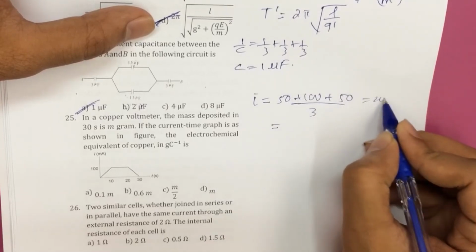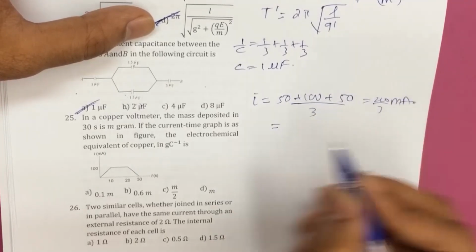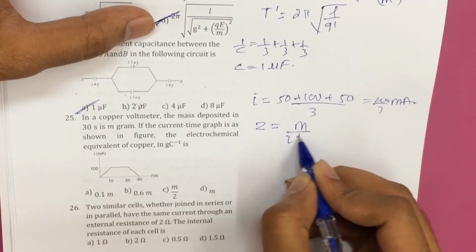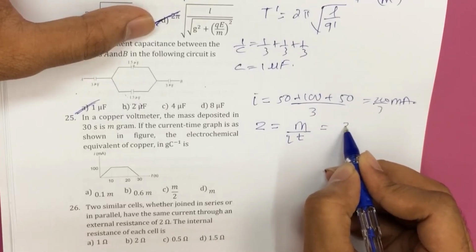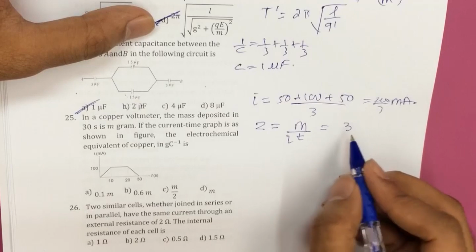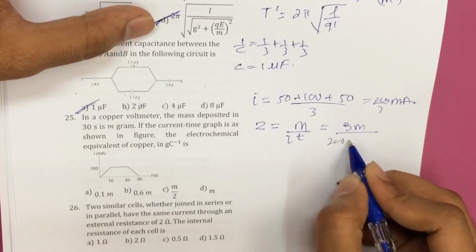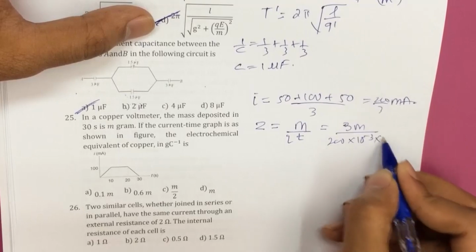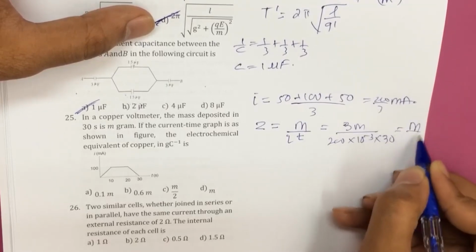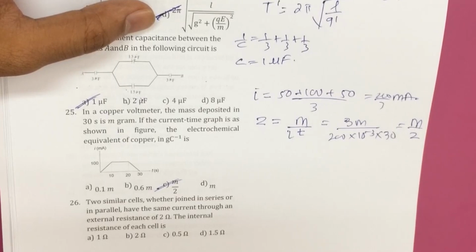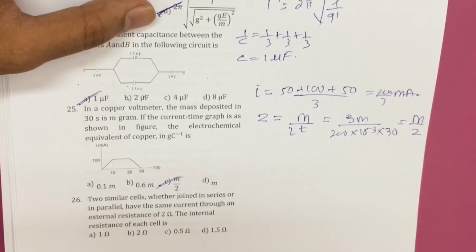That would make it 200 by 3 milliamperes. Z would be equal to m by I t, so 3m divided by 200 multiplied by 10 raised to minus 3 multiplied by 30. Finally it will give you m by 2 as the answer. Your correct answer will be option C.